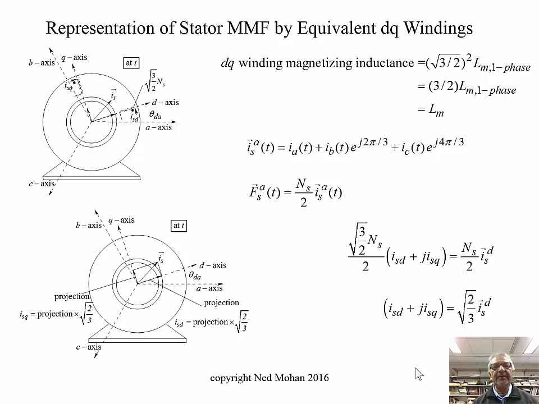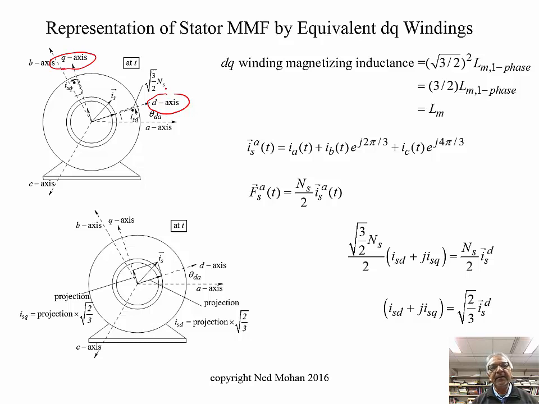But that MMF can be also produced by an orthogonal set of DQ windings, as shown here. One on D axis, and the other one, we call it Q axis. So there are two windings here, and they are orthogonal to each other. And this angle theta sub dA, the angle of D axis with respect to A axis, is arbitrarily chosen. It could be anything.